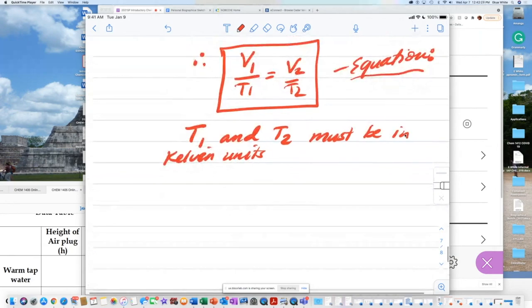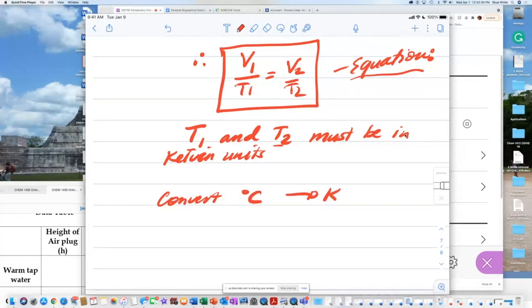If they give you a question with temperature 1 and temperature 2 in Celsius, you have to convert degrees Celsius to Kelvin. If it's in Fahrenheit, you have to convert Fahrenheit to Kelvin. This equation only works if the temperature is in Kelvin.